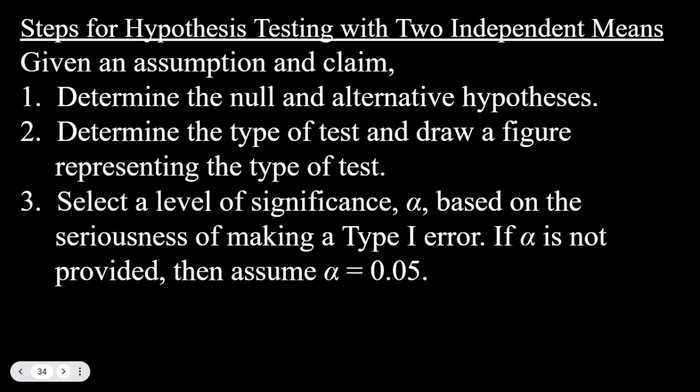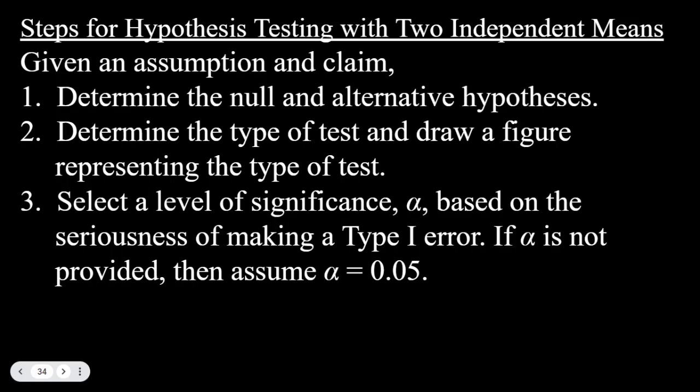Now, we're still going to do this, but it isn't as big of a deal for us because we're not going through the process of finding the test statistic, since we're using the P method. But we're still going to want to have an idea of what's going on and whether it's a right-tailed test, a left-tailed test, or a two-tailed test. So, number 2, we're going to do it, but it's not going to be a key step for us.